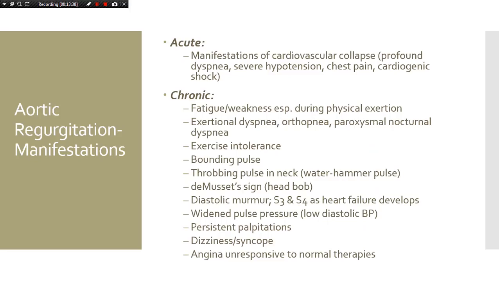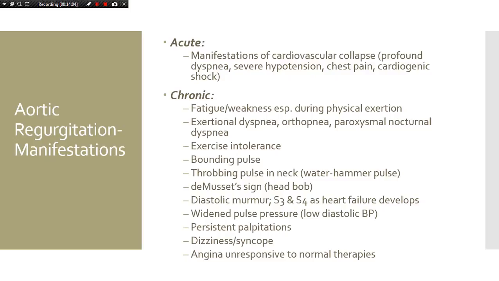Patients with acute AR have sudden signs of cardiovascular collapse. The patient develops severe dyspnea, chest pain, and hypotension, indicating left ventricular failure and cardiogenic shock, a life-threatening emergency. The patient with chronic AR generally remains asymptomatic for years.